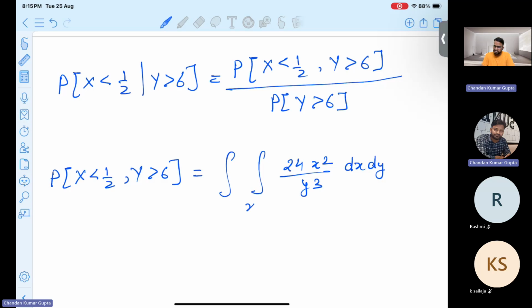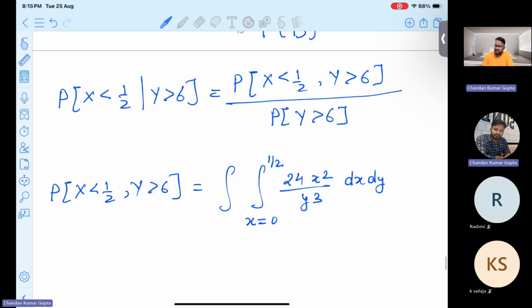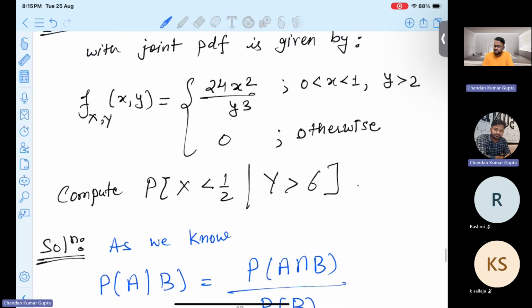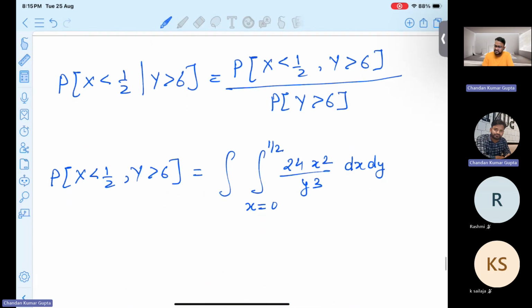The limit for x, which is less than half, is from 0 to half. Now y is greater than 6, and the value of y is greater than 2 here, so greater than 6 implies y equal to 6 to infinity.